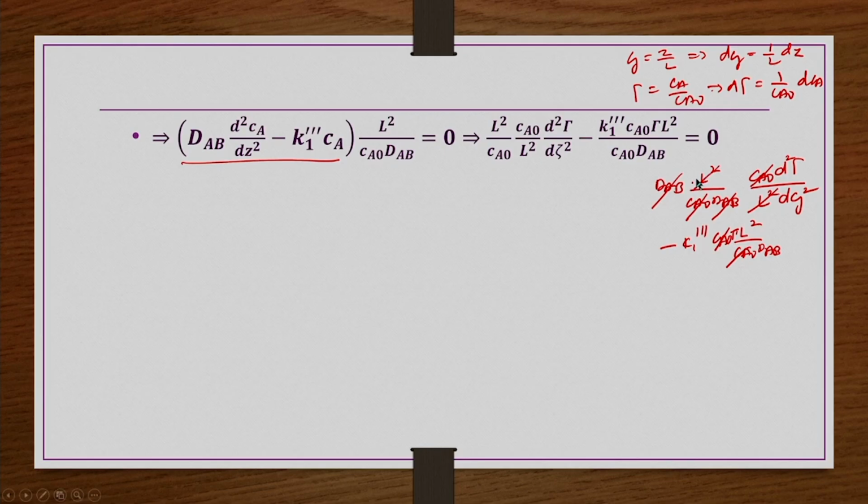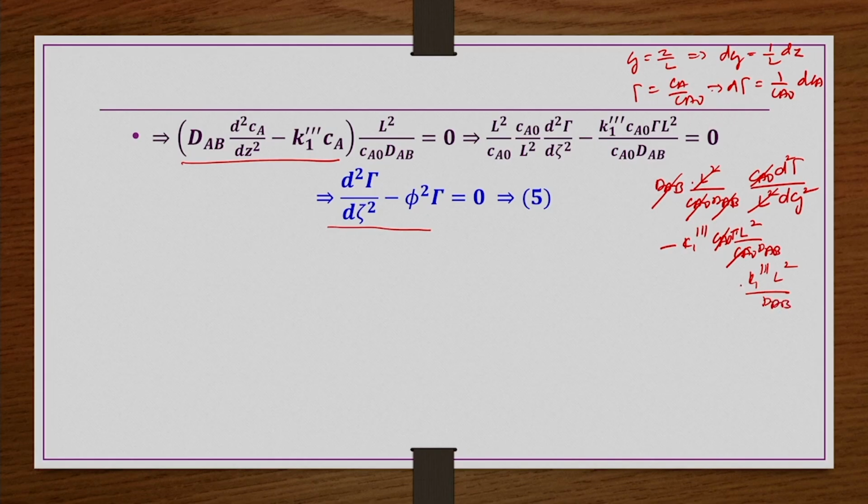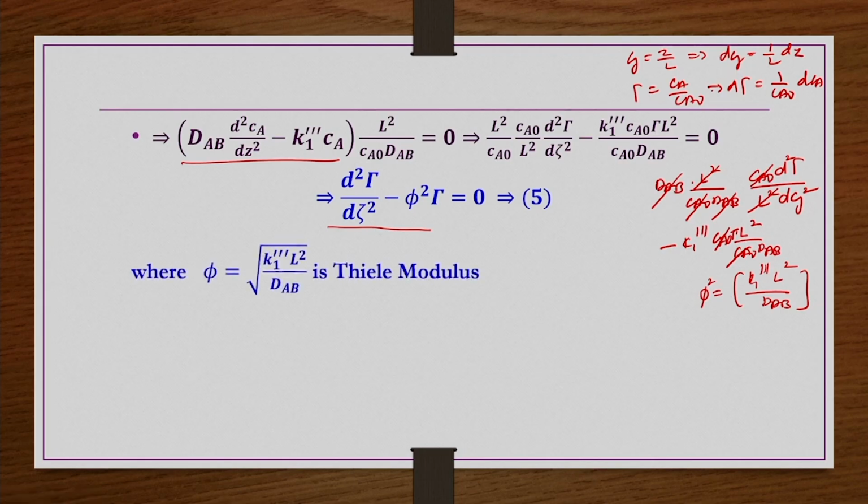So, then what we have is only d square capital gamma by d zeta square minus this term having k1 triple prime L square by dAB. This term we are calling phi square, so phi square gamma we are having. This phi is nothing but k1 triple prime L square divided by dAB under root, or phi square is equals to this one. This is nothing but Thiele's modulus.